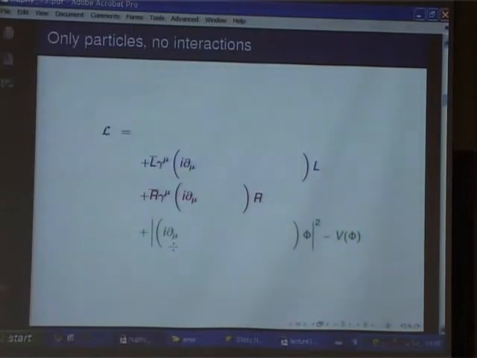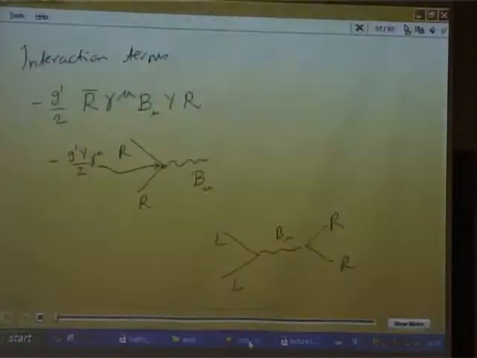For the Higgs, it looks like mod del mu phi squared minus V of phi. V is the potential. The potential is a part of the Lagrangian, and I kept it there. This is just the Lagrangian for a boson.